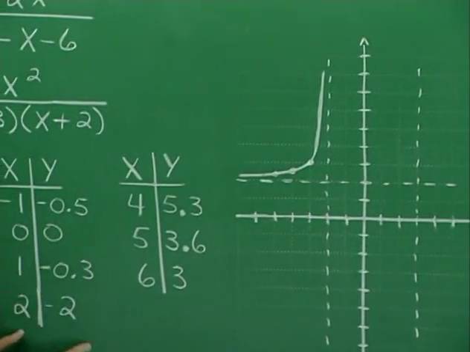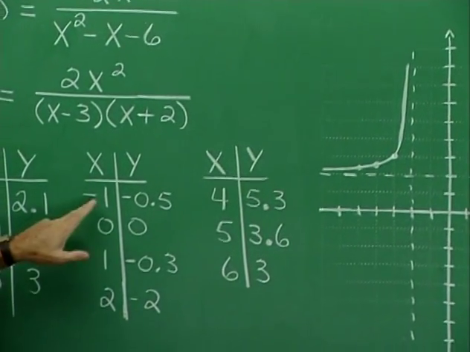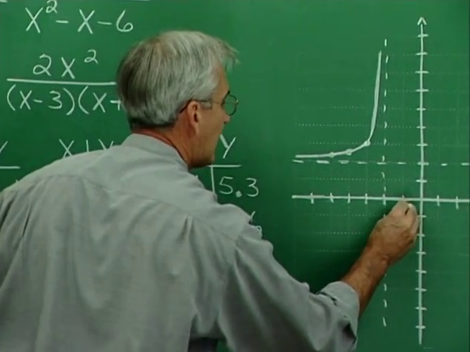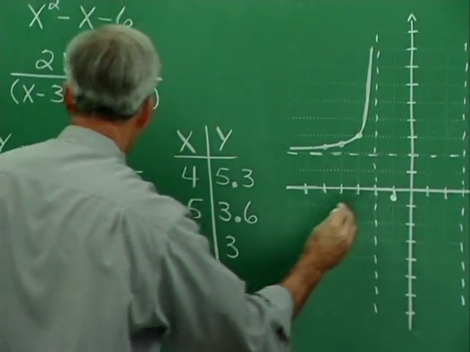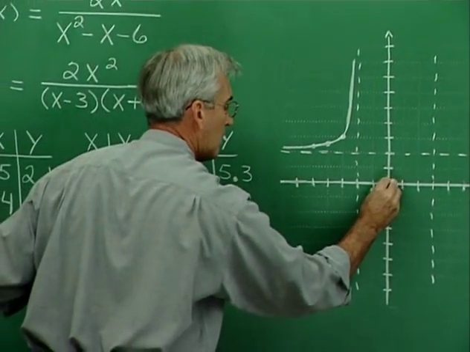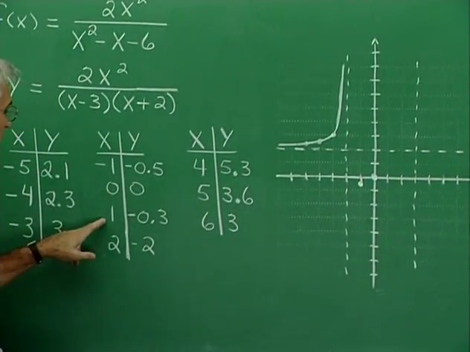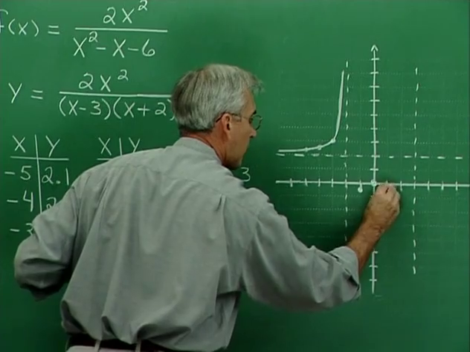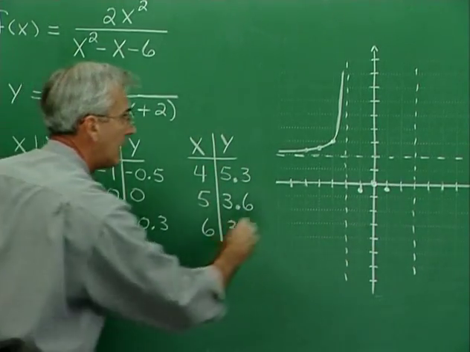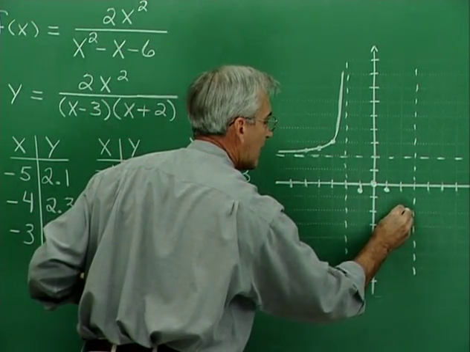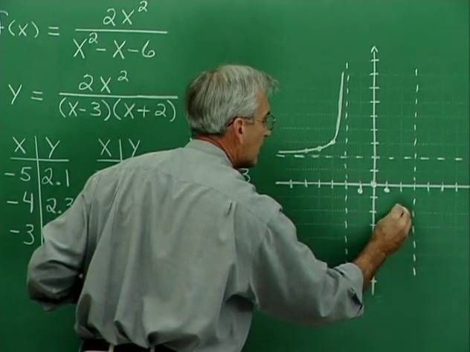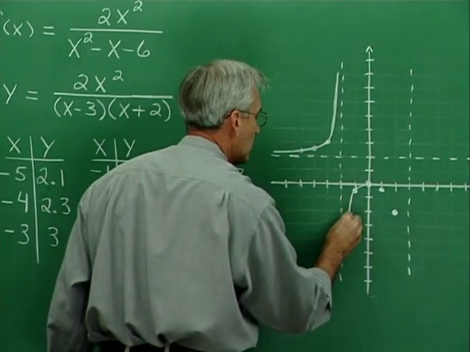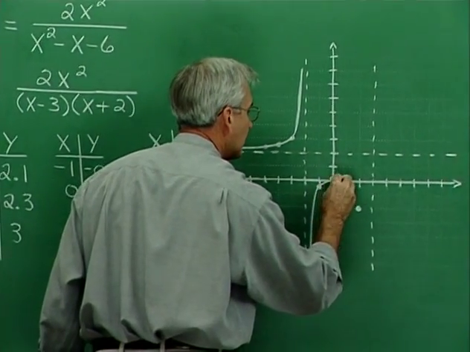These are the coordinates of points in the middle. -1 goes to -1/2, and 0 goes to 0. 1 goes to -0.3. 2 goes to -2, and it looks like we have kind of a downward pattern here, a U down kind of thing. So the behavior of the graph looks about like this.